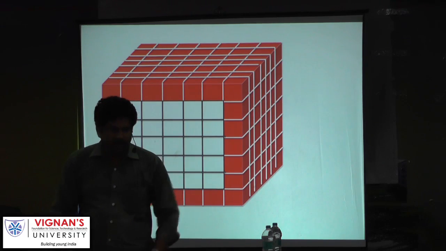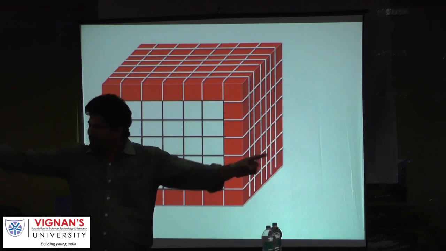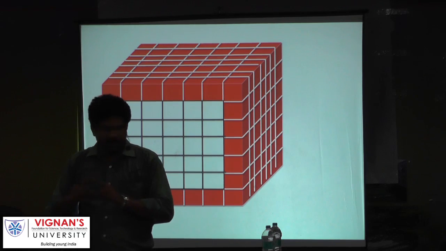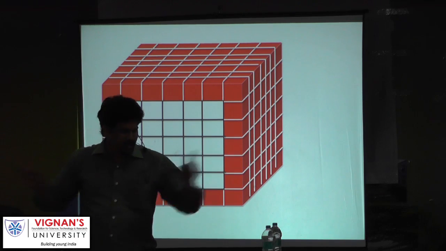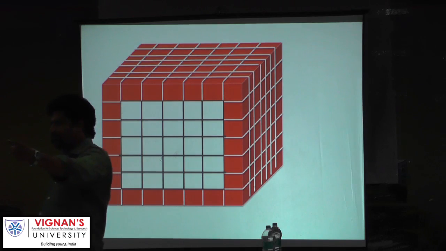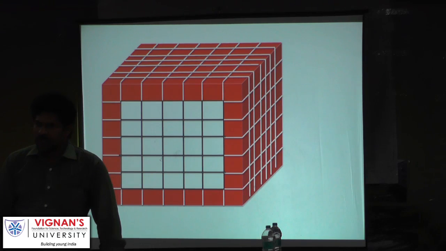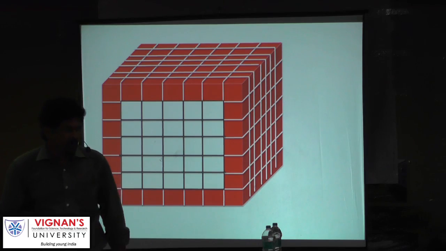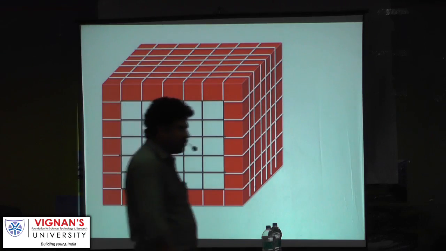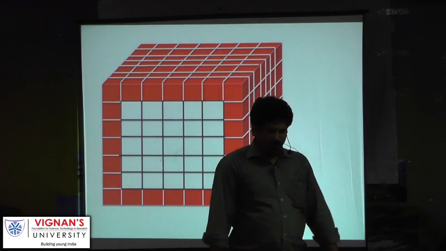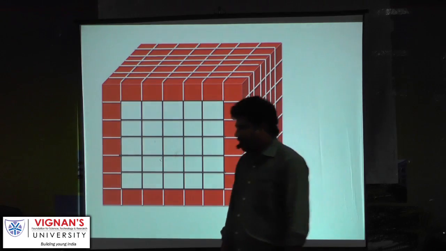After completely covering it, how many cubes do you have in this dimension now? 7. 1 extra on each side, 7. In this dimension? 7. So before covering it, the cube's dimension is 5 by 5 by 5. After covering it, the dimension is 7 by 7 by 7. So the difference would give you the number of cubes we have used to cover this cube. What is 7 cube? 343.